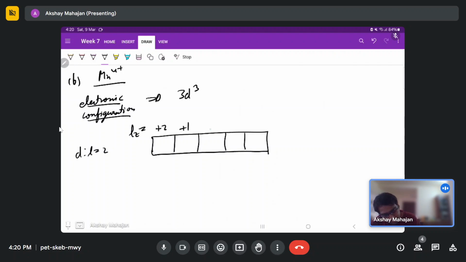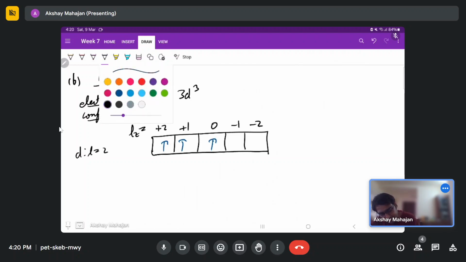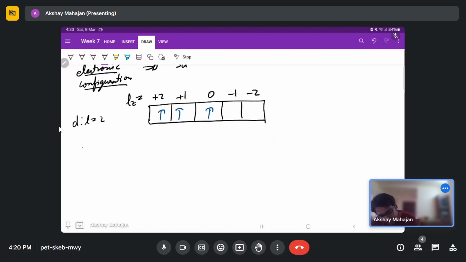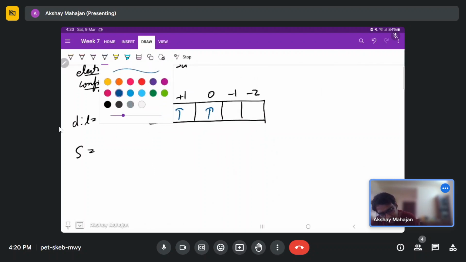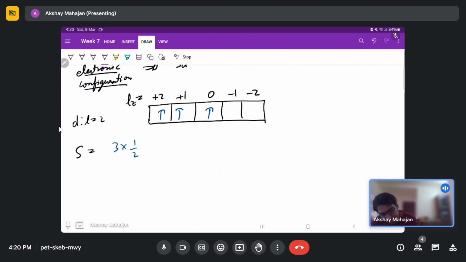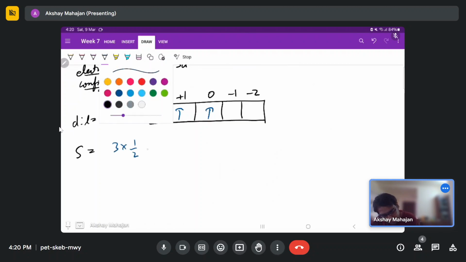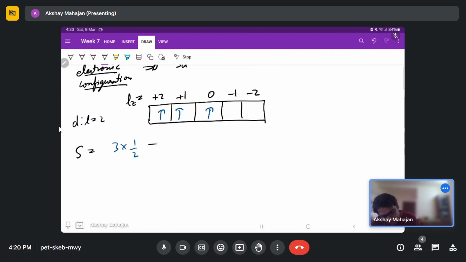So plus 2, plus 1, 0, minus 1 and minus 2. Again you will have 3, so just put 3 according to Hund's first and second rule. Then the spin S, that will be 3 times plus half, right, plus minus half, there will be 0.